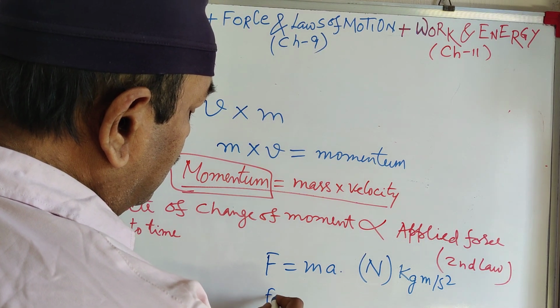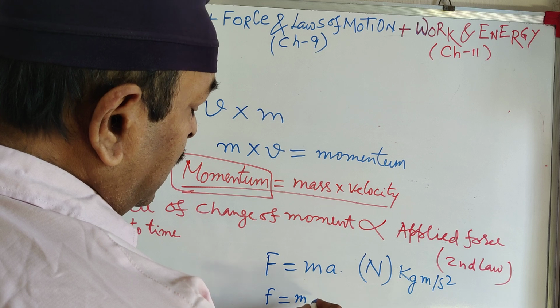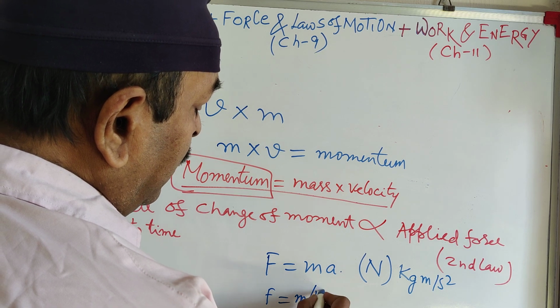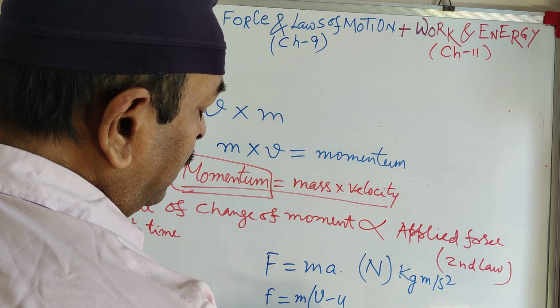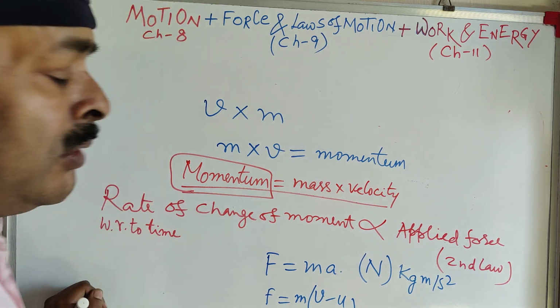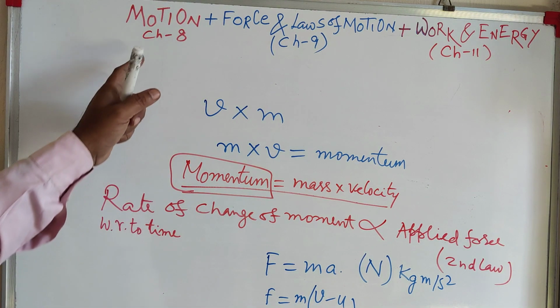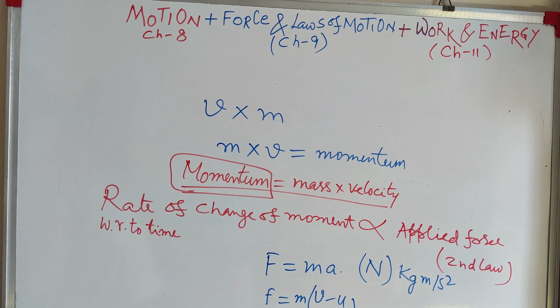So here the detailed formula you can write: a is equal to V minus U upon T. Now can you appreciate there is a clear link between chapter 8 and chapter 9. So force is equal to mass into V minus U upon T. Now some problem will be given.